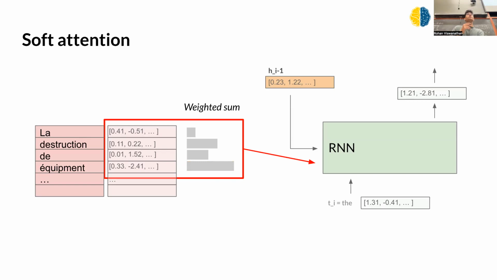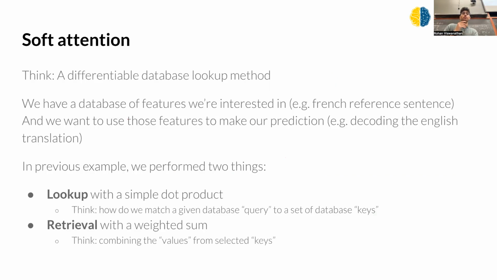We take a weighted sum, and we use that information to bolster the way that we're predicting our next token. We can think of this, like I mentioned, as a differentiable database lookup, where we have some database of features that we're interested in, and we want to use those features to make our prediction.